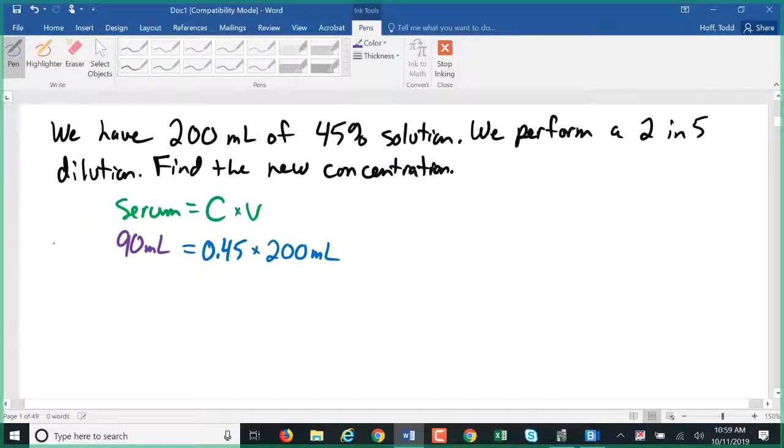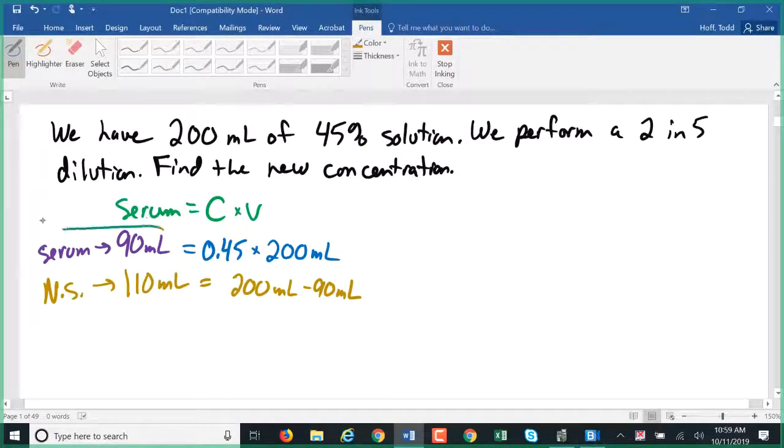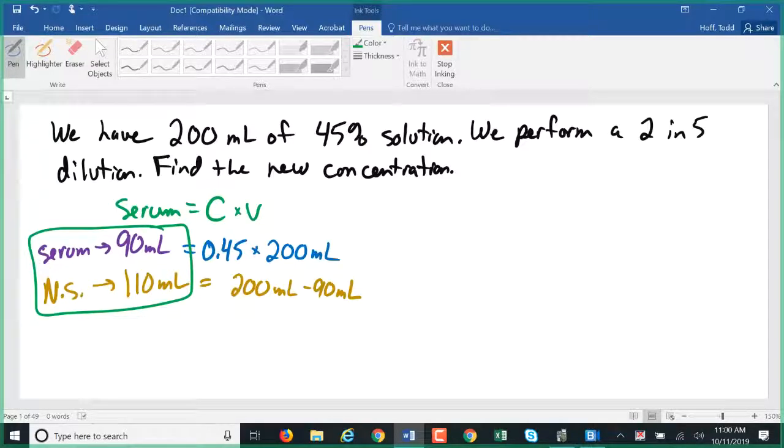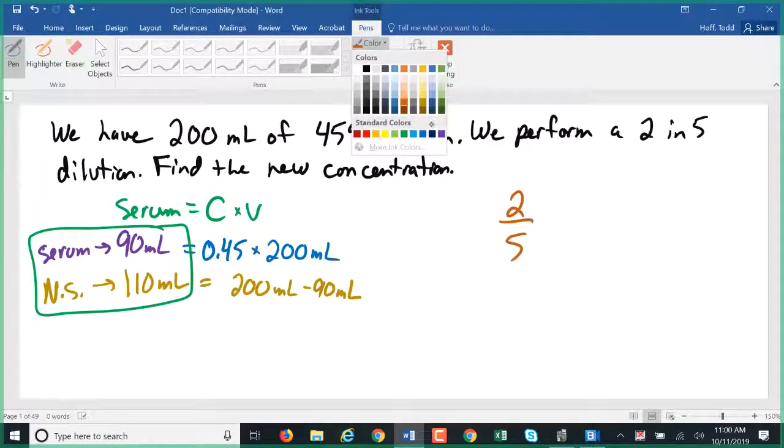Of course, subtract the 90 milliliters of serum from the 200. That gives us 110 milliliters of saline. That's what we started out with. We perform a 2 in 5 dilution here. In that 2 in 5 dilution, remember the 2 represents the concentrate.